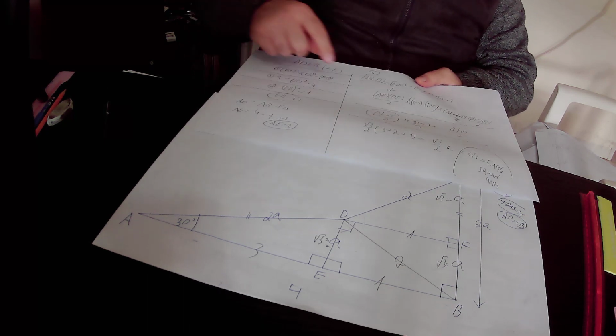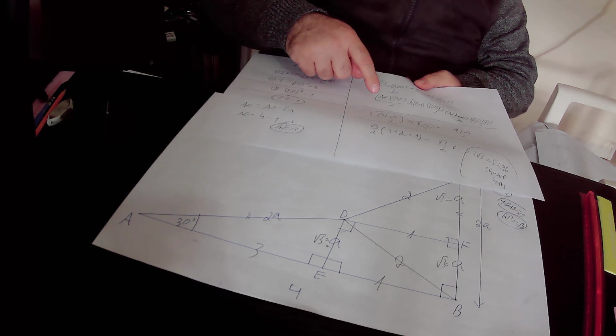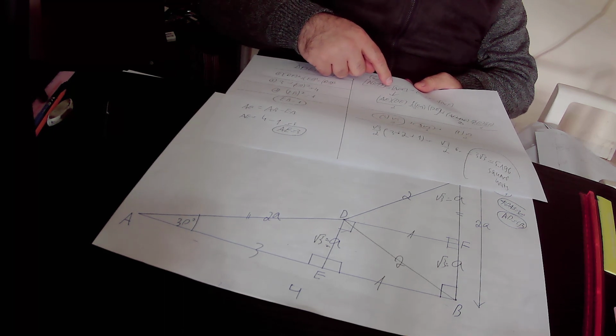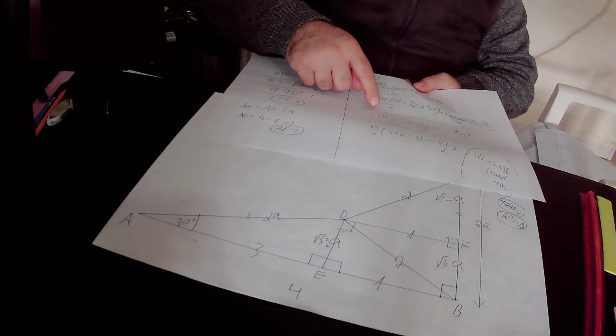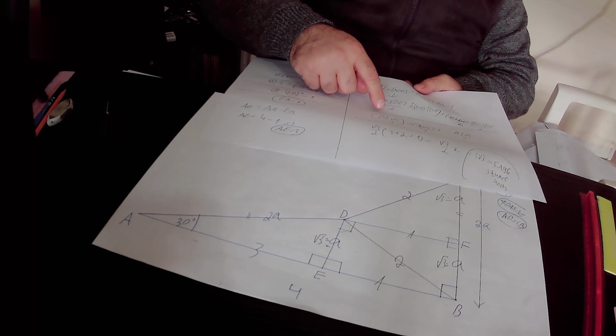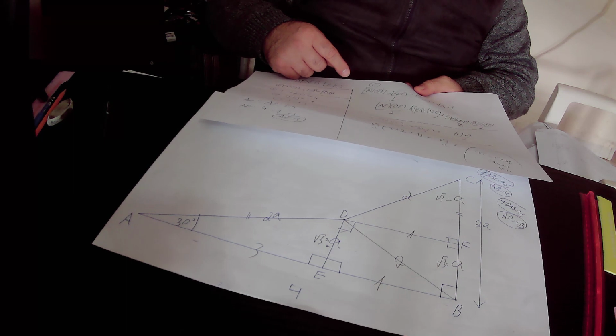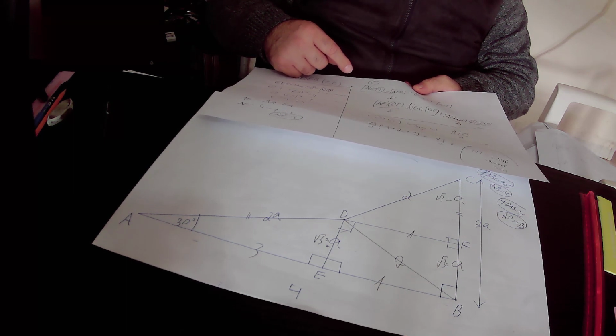So AE is 3, DE is equal to 3. Therefore the area of the right triangle ADE is equal to 3 times 3 over 2. And the area of rectangle EBDF is actually square root of 3.